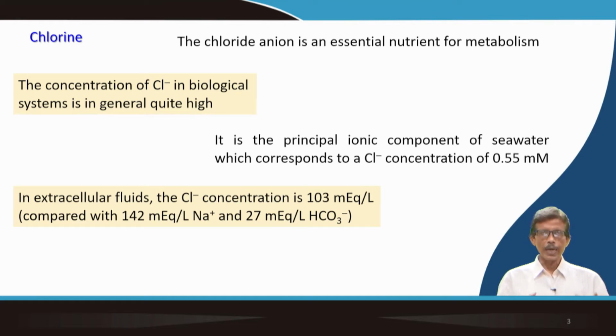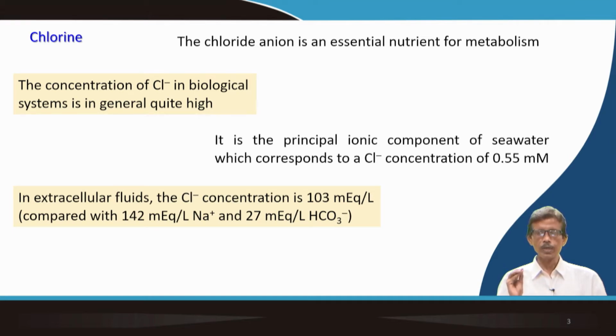So, we can have the cell, and outside the cell you have some fluid, and inside the cell we have some fluid, and we have the barrier, the lipid or phospholipid barrier we know, which is encasing your cell. So, what should be the outside environment concentration, which is 103 milliequivalents per liter. I am not talking in terms of millimolar concentration, because I am giving you some confusion.